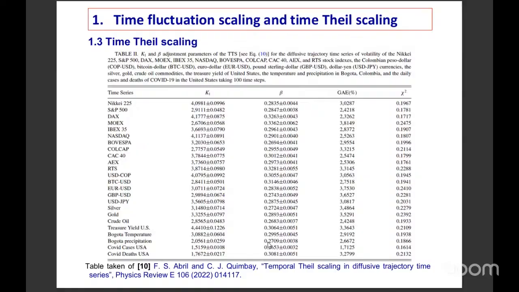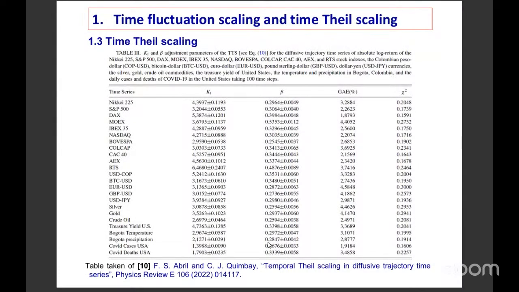We can see that the value of beta is relatively close, in the range of 0.4 to 0.2, more or less.